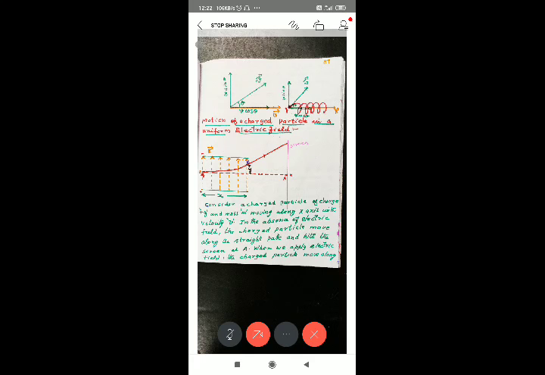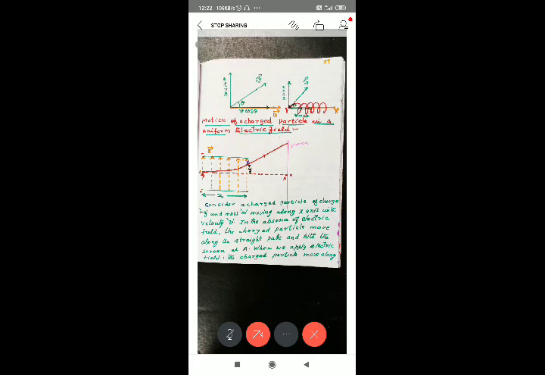What is happening to that charged particle? That is a very interesting phenomenon. We know the V cos theta component is in the direction of the magnetic field, so it will not experience any force. The particle continues to move with a constant velocity V cos theta in the direction of the magnetic field.